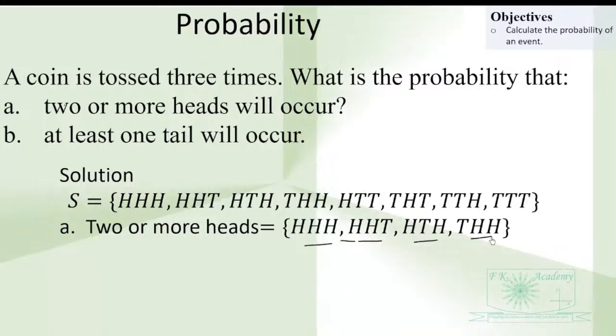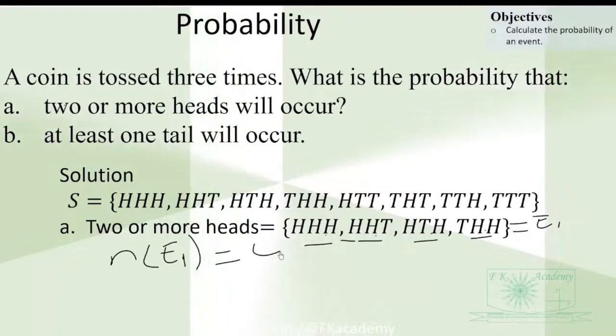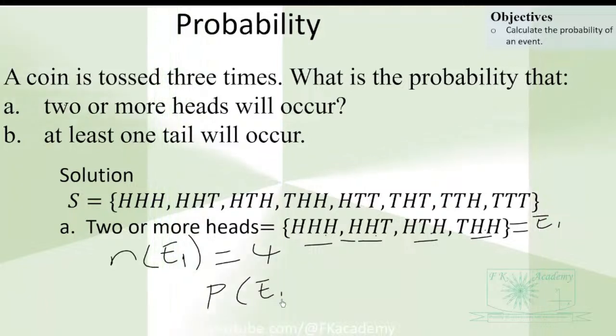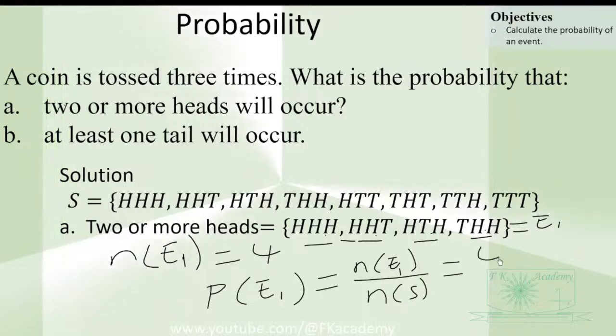If we call this E1, the first event, then the number of elements in E1 is 1, 2, 3, 4, that is 4. So the probability of 2 or more heads, which we are calling E1, is equal to the number of elements in E1 over the number of elements in the sample space, and that gives us 4 over 8, which is equal to 1 over 2.